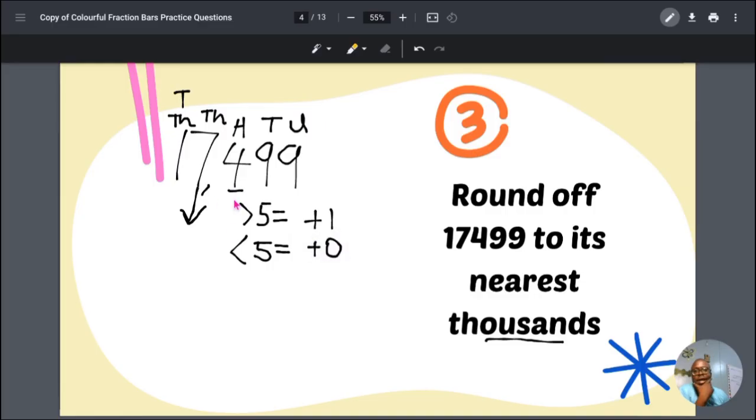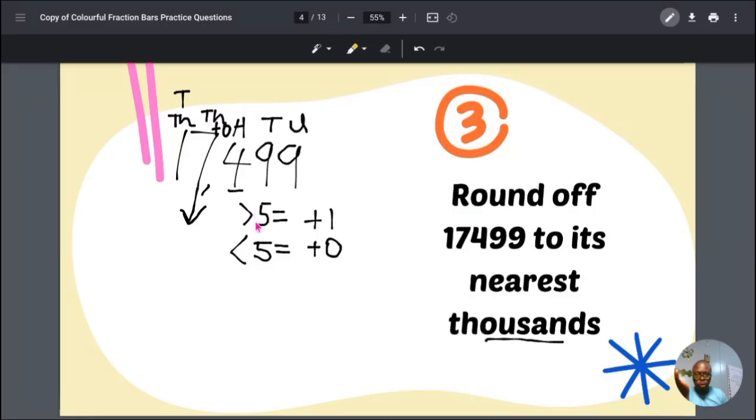So 4 here is part of the less than 5: 4, 3, 2, and 1. They are all less than 5. Then that means I'm going to be adding 0 to my 7 here.